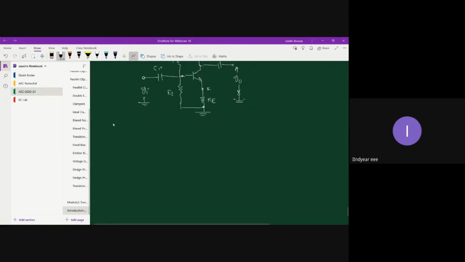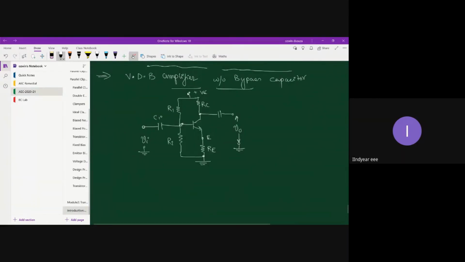All right, so let's apply the steps to obtain the re model. What you need to do is short circuit all capacitors and ground VCC.